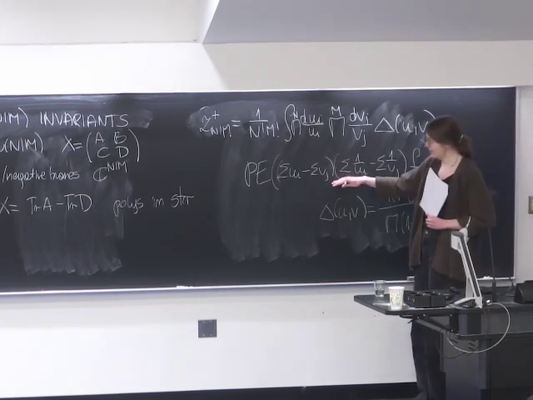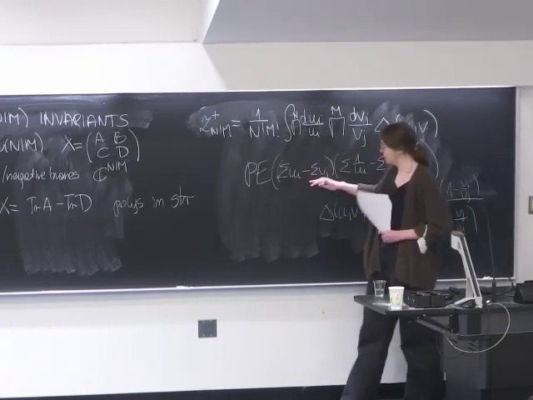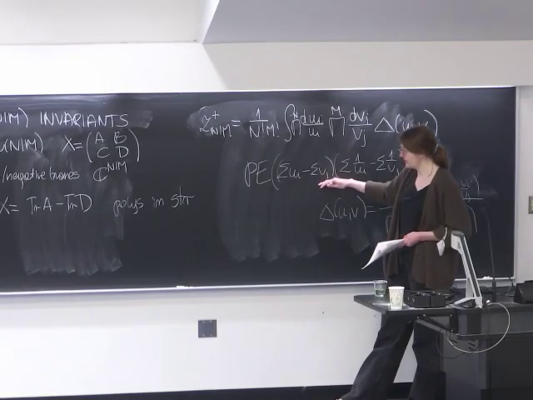And we change the character of the adjoint representation to the character of the adjoint representation of U(N|M) here.